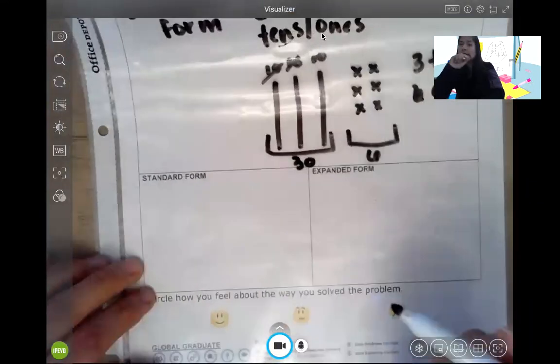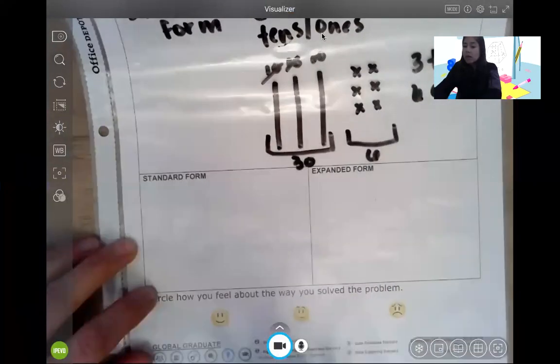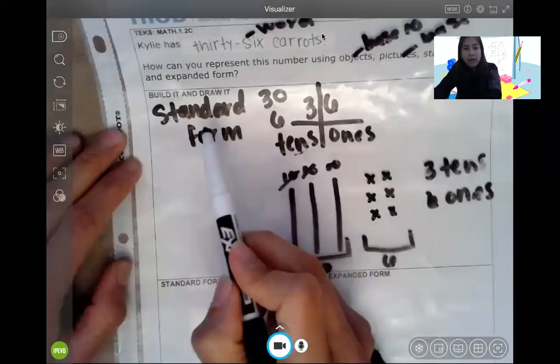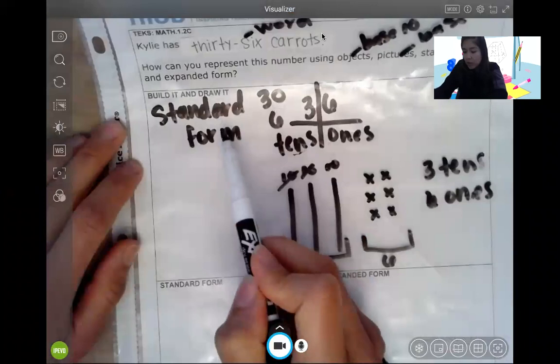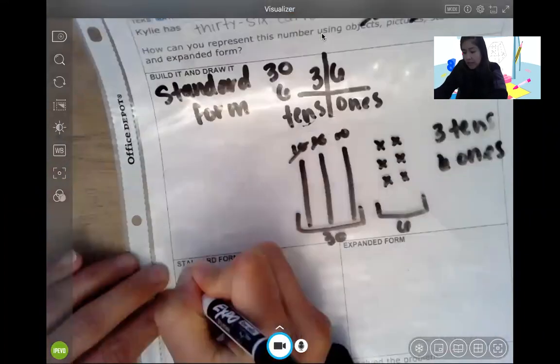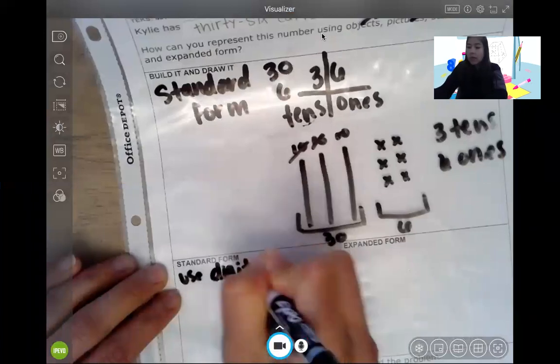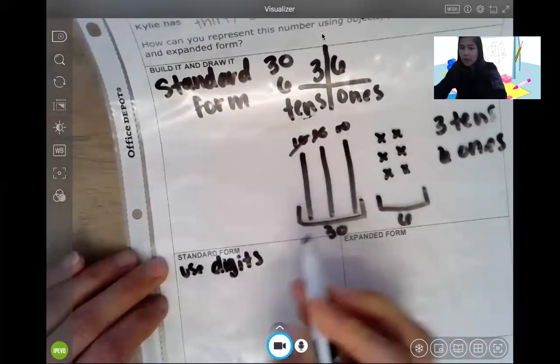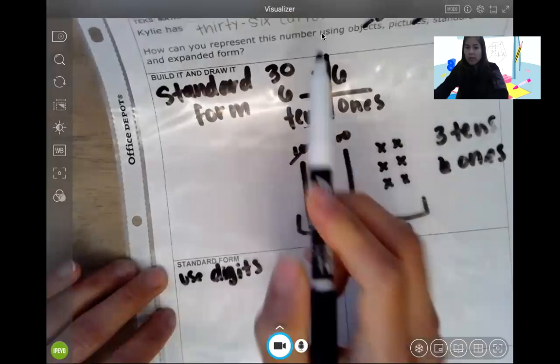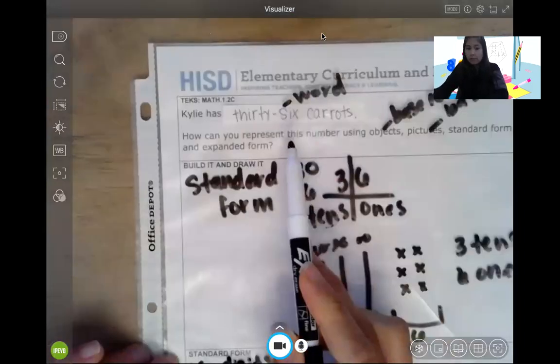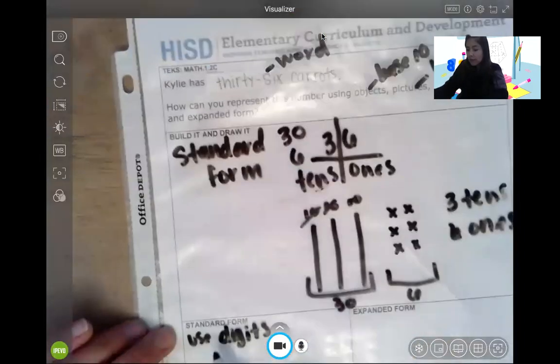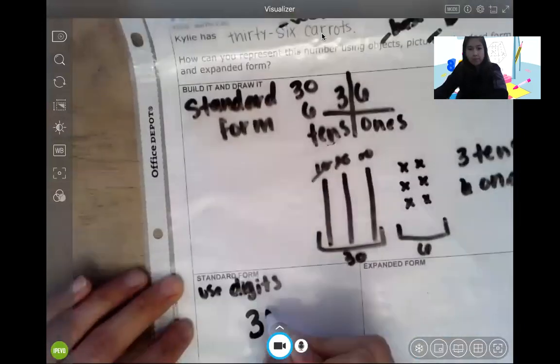Standard form, oh, take a look at that, I already did it. Standard form is when you use digits. So my number, 36, represented in standard form is 36.